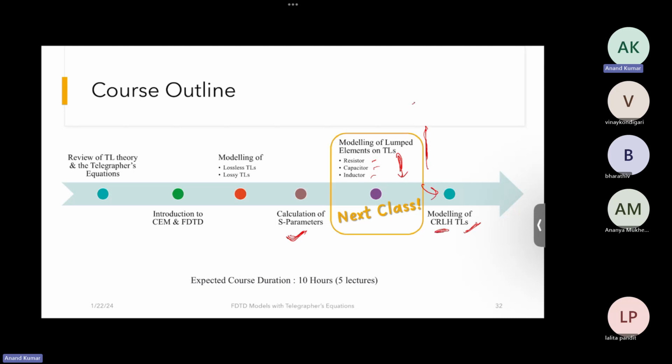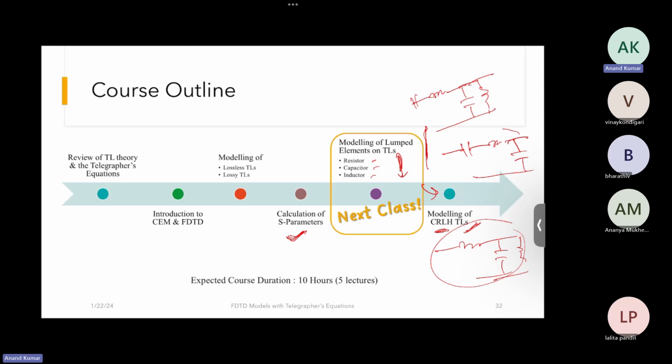Essentially, what we have done is we had an inductor and a capacitor for the model, and a CRLH essentially has a capacitor and an inductor like this again. So in the next class, I will show, for example, how to model a capacitor with a transmission line like this, or an inductor like this. These two cases we will cover in the next class, and then you can combine these to model the CRLH transmission line. There will be enough material for you to model this.